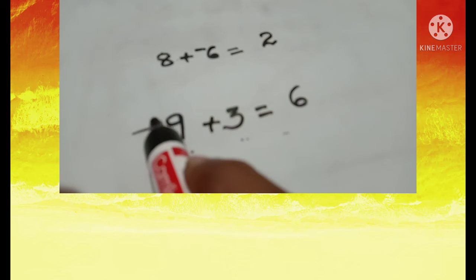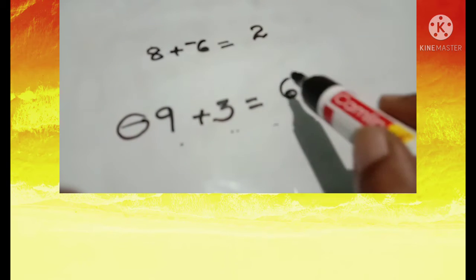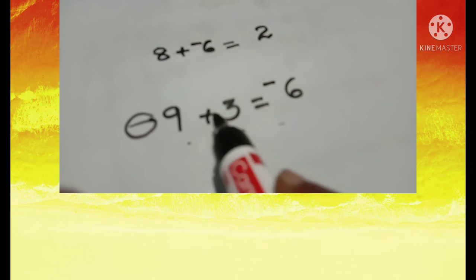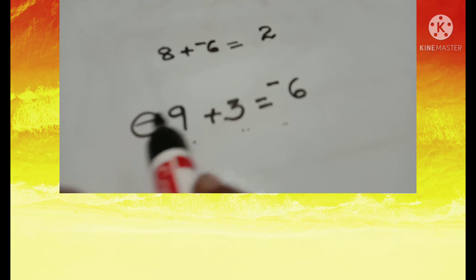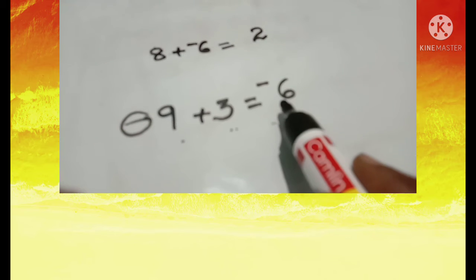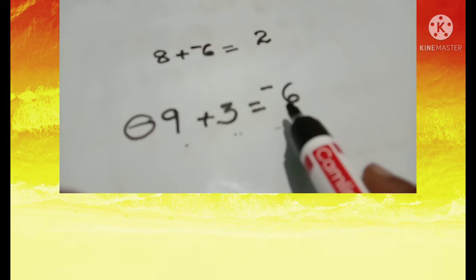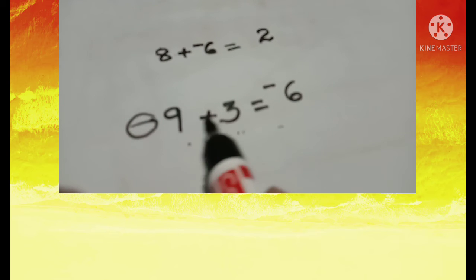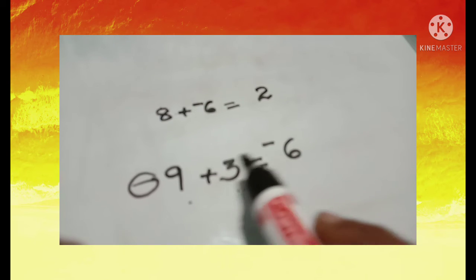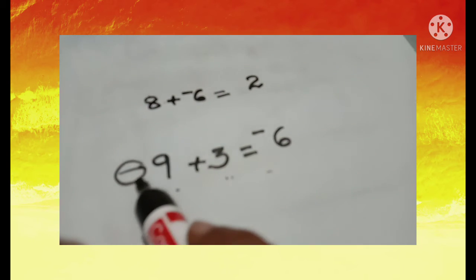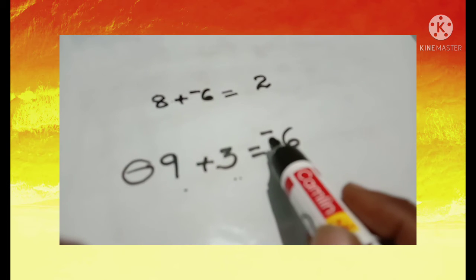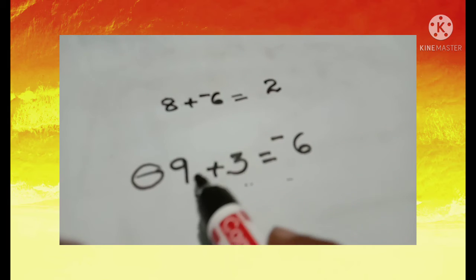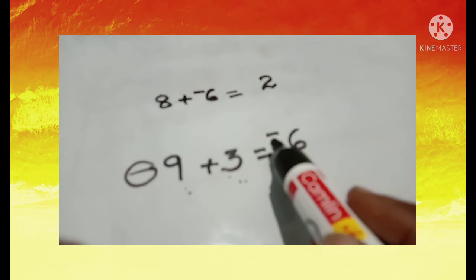So this minus, now you have to put here because 9 is greater than 3. So greatest number sign we have to put in the answer. Okay, if we are getting two integers of different signs, after getting the answer, the greatest number's sign we have to put. Got it? So first we have to subtract it, then the greatest number's sign we have to write here.